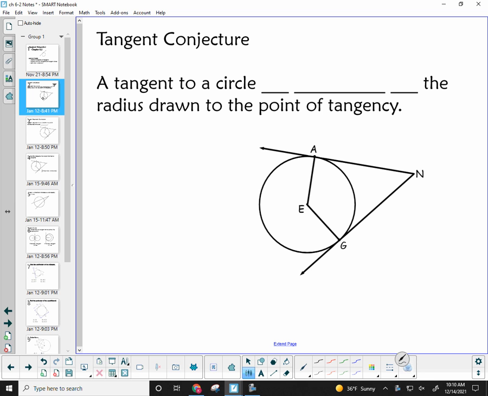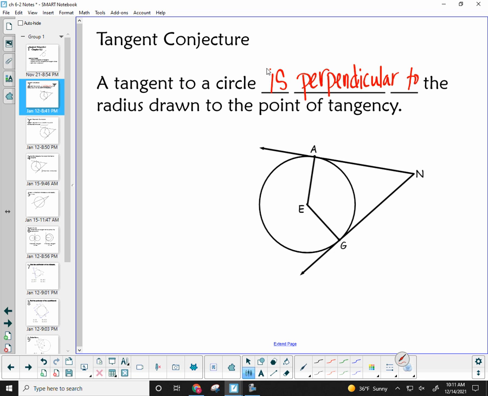All right, so my first one here, a tangent to a circle is perpendicular to, let me write it out, perpendicular to the radius drawn to the point of tangency. So a tangent to a circle is perpendicular to the radius drawn to the point of tangency.